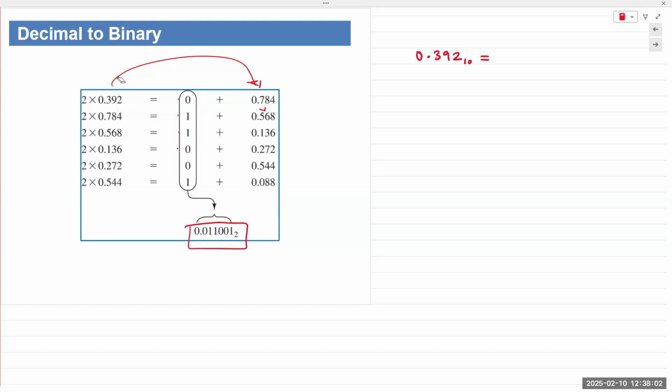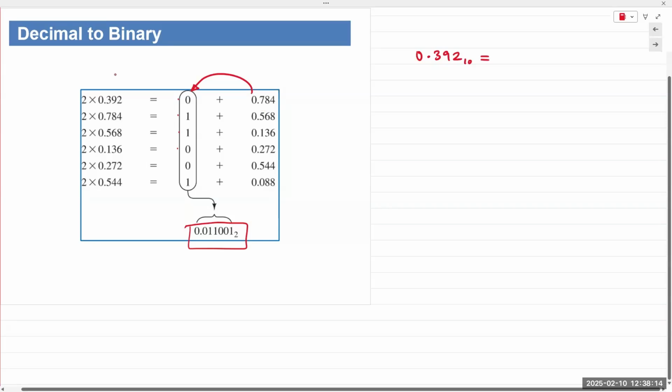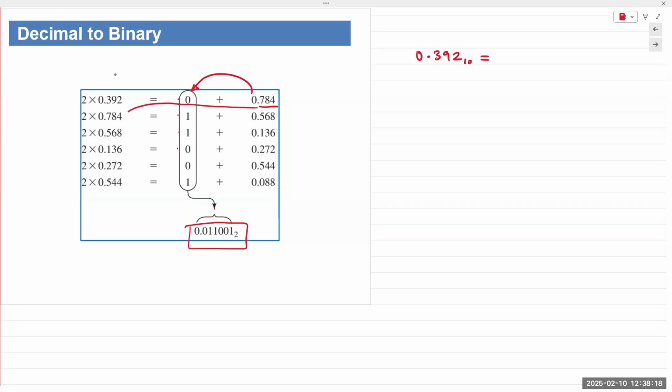From there, we get 0.784. 0 is brought there, and the 0.784 is further multiplied by 2. The result is 1.568. 1 is brought over here.